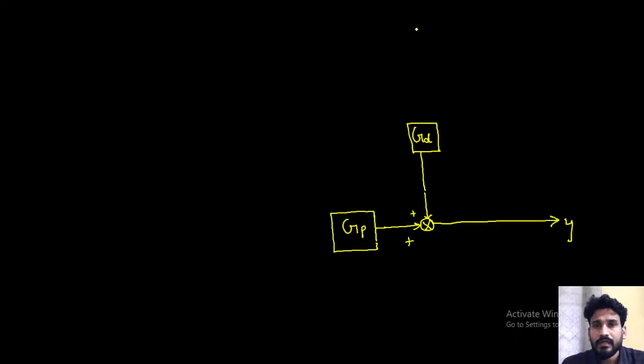Let's suppose that the disturbance is coming into the system. This disturbance is measured, and let's suppose its transfer function is Gm.